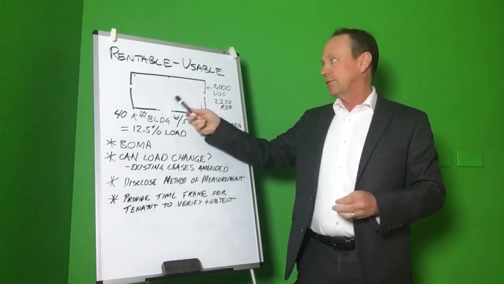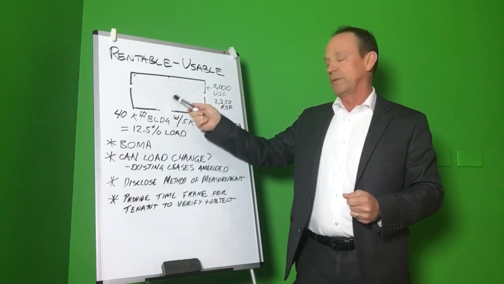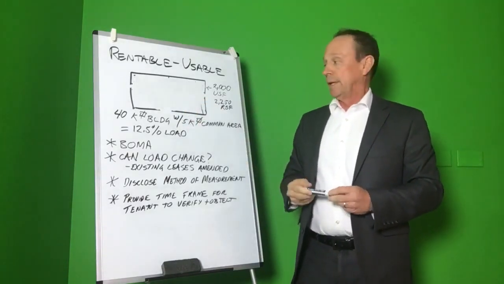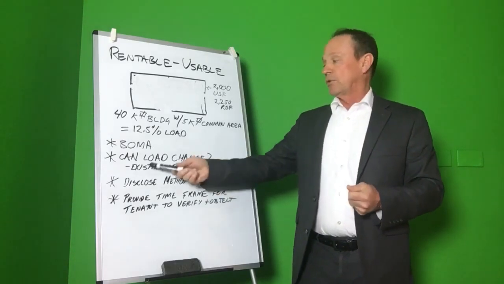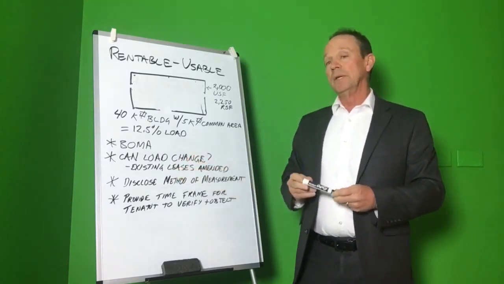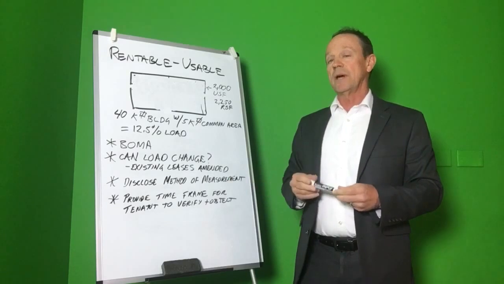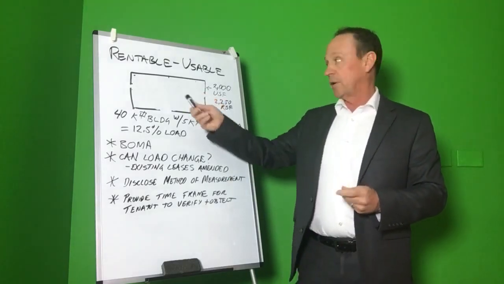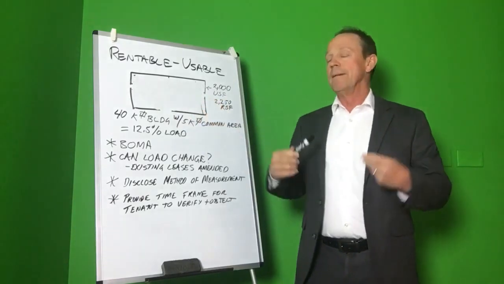The elevator shaft, of course, is there, but that is clearly all usable square footage. I think to be proper, you have to go to all of the existing tenants and amend their leases and change that rentable usable figure for the entire building once you have that tenant.